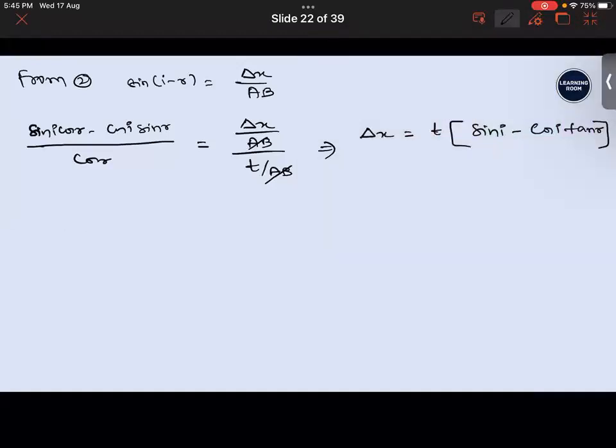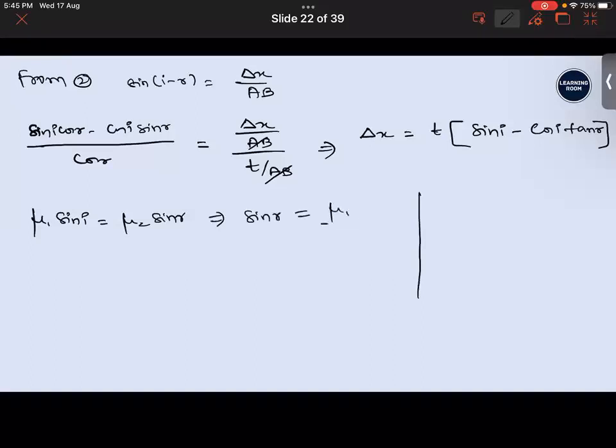Now what I can do is, if I apply Snell's law, I get mu1 into sin I is equal to mu2 into sin r, which implies sin r is equal to mu1 divided by mu2 into sin I. But remember, in this context, mu1 is 1 because outside is air medium.